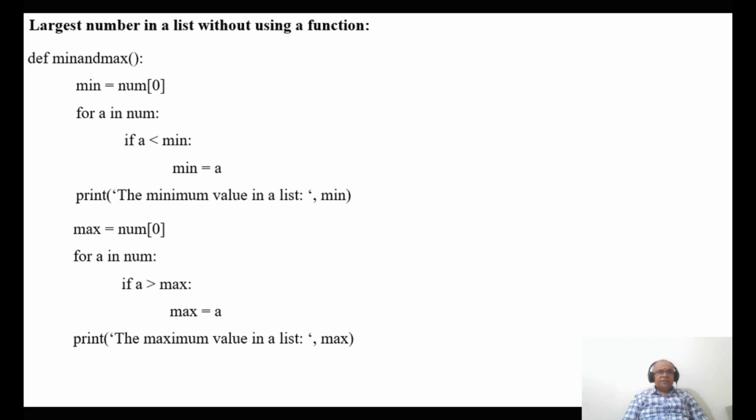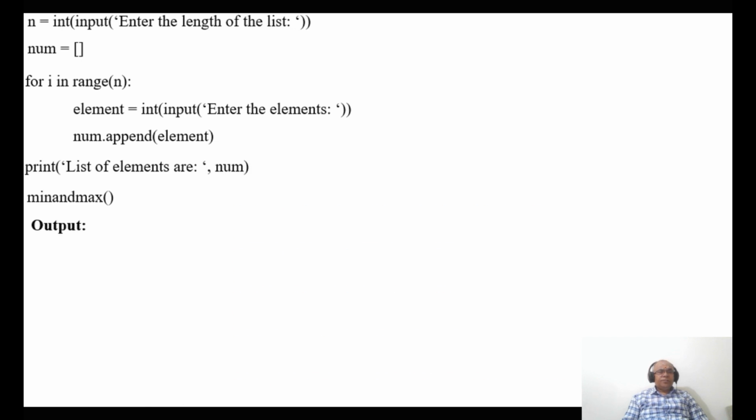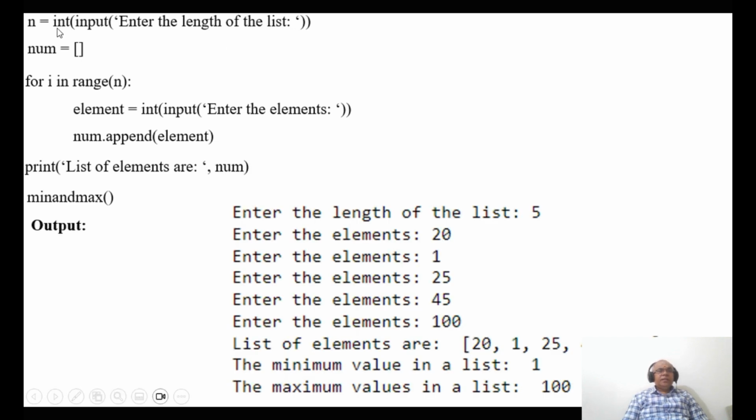Then after seeing this definition of the function, it will skip all these codes and then come to this n equals int(input("Enter the length of the list")). That is where you get the list displayed. Whatever is there in the code will be displayed here.